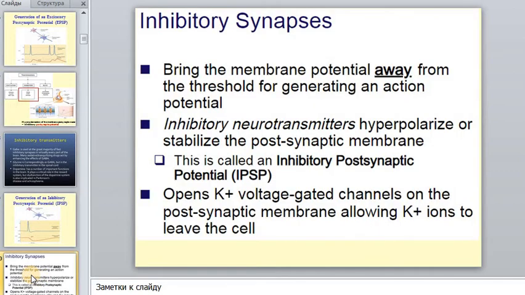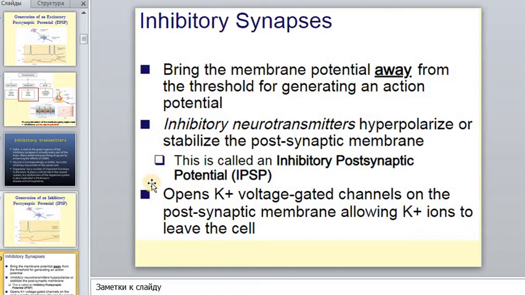What happened? It brings the membrane potential away from the threshold for generating an action potential, and inhibitory neurotransmitters hyperpolarize, or stabilize, the postsynaptic membrane.